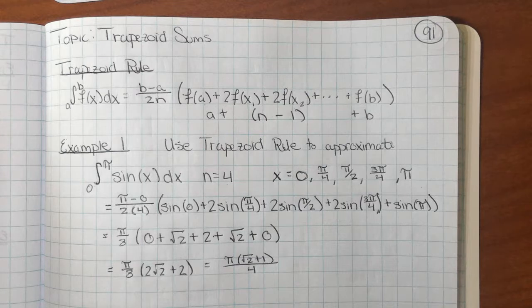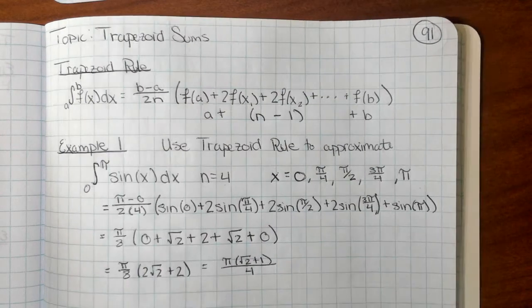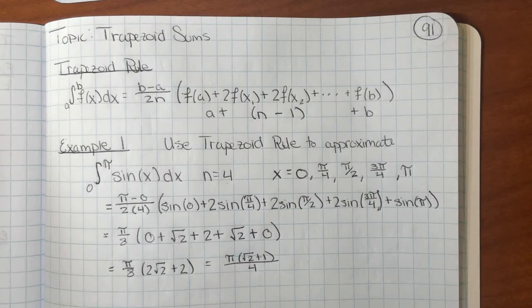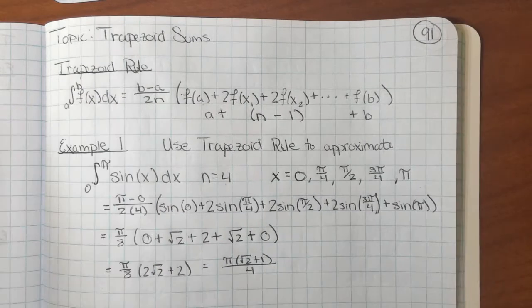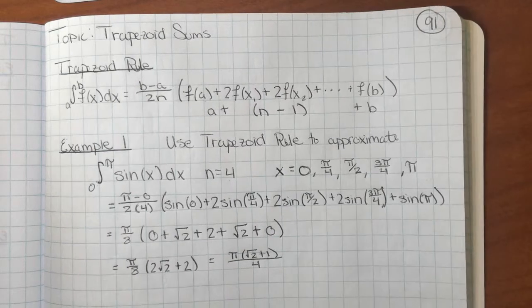Okay? But that's the perfect answer too. You could leave it. I accept that. Okay? You guys okay? So now that we started off with a hard problem, let's kick it back to an easier problem. Okay? So let's look at example 2.